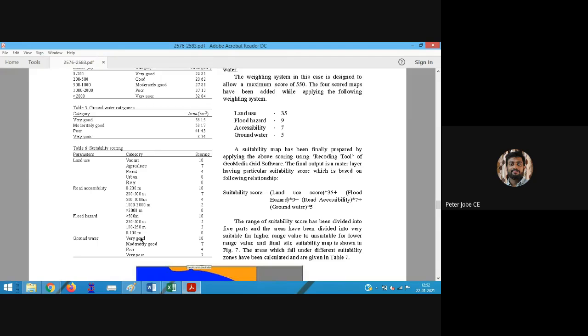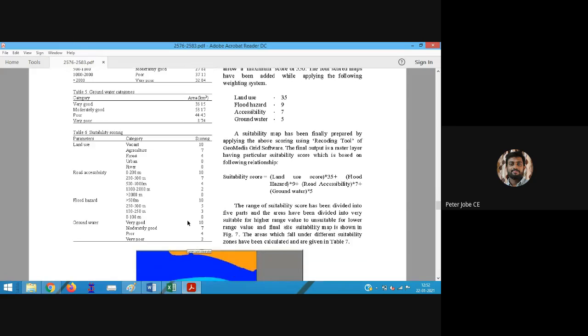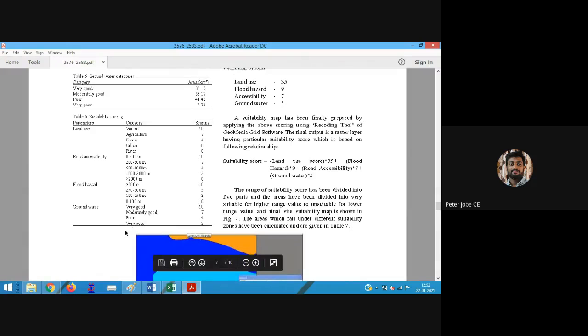And for groundwater, places with very good accessibility to groundwater will get a score of 10. And similarly, depending upon that, if you notice here, areas with very poor availability of groundwater get a score of 2, while very highly flood hazardous areas will get a score of 0.